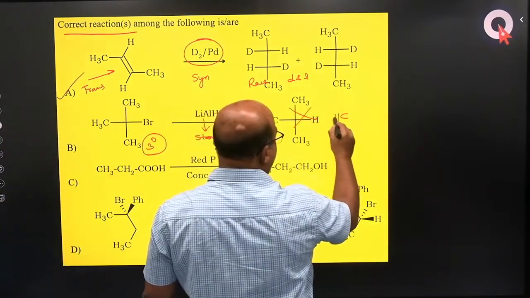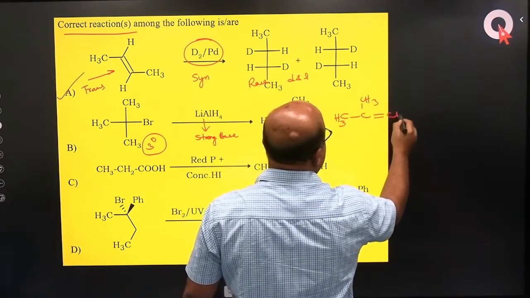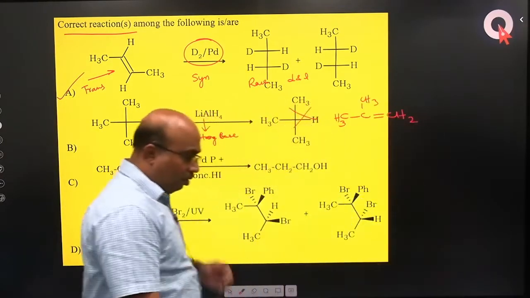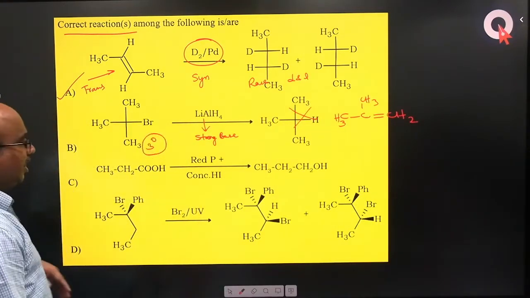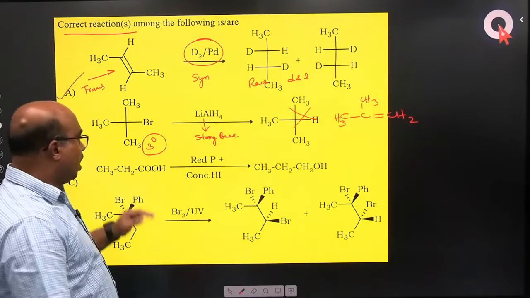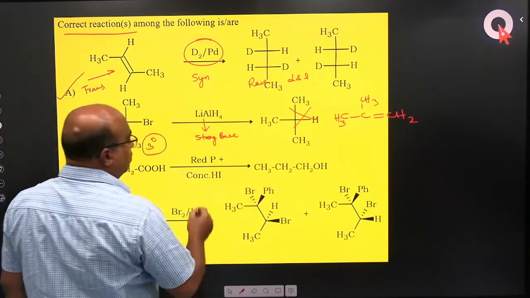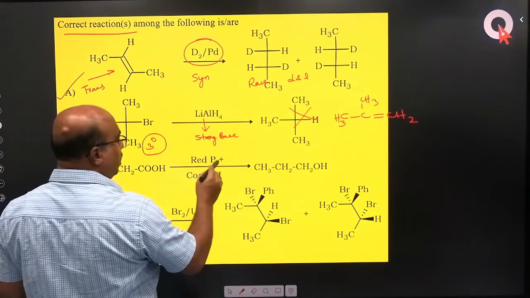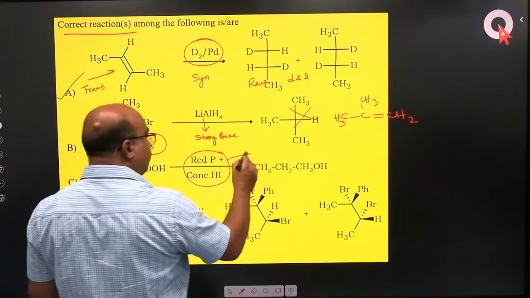That is CH3, CH3 and double bond CH2. Next, this is the red phosphorus HI. Already we said just now that this cannot convert into alcohol. This one, with red phosphorus HI and the acid, directly gives alkanes.